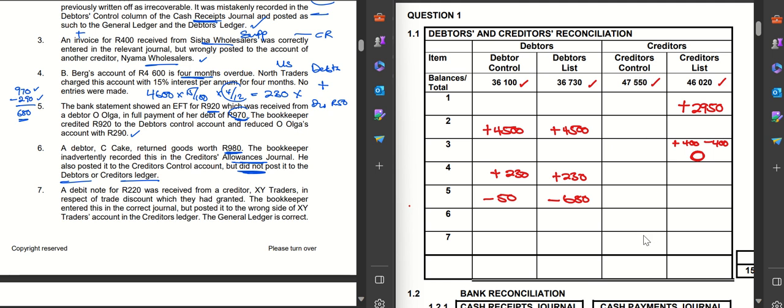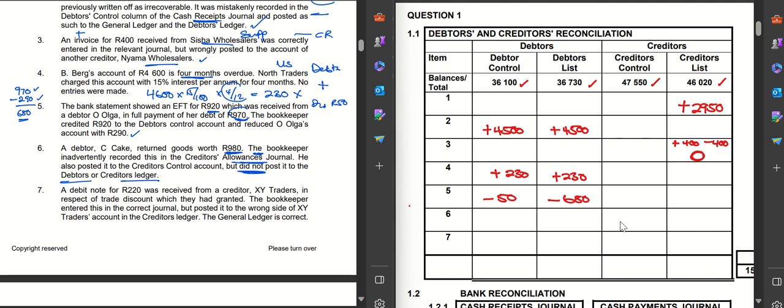Let's start correcting the creditors control. The creditors control should not be affected by the return of goods by a debtor. When a debtor returns goods, it must not affect the creditors. So we went here and recorded it in the creditors allowances journal, which means minus. It decreased our creditors in the control.